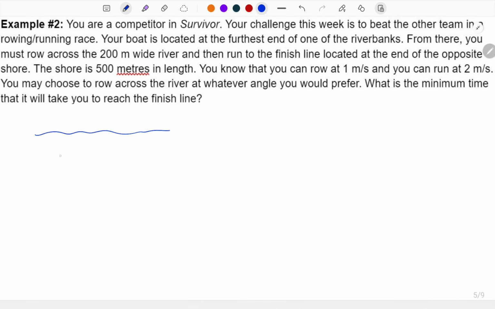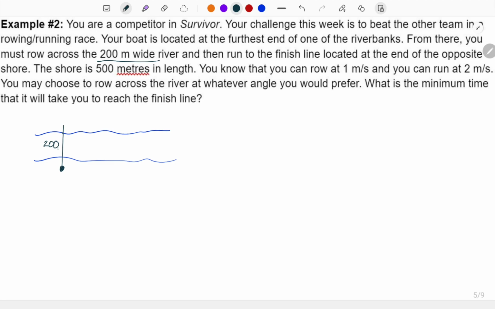We've got our river, and we are somewhere. Let's just say here. It says that you must row across a 200-meter wide river. So I'm just going to draw 200 meters like that.